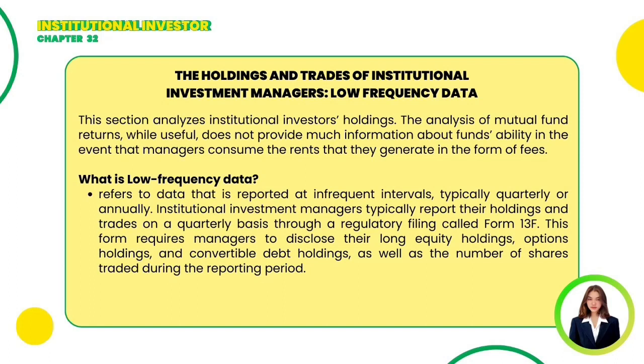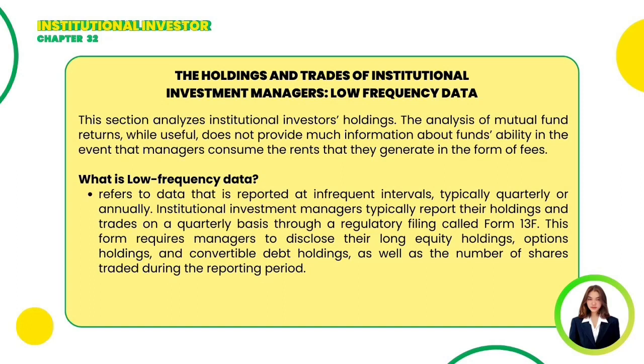The data can be used to track the investment strategies of institutional investment managers and identify trends in the market. However, it is important to note that Form 13F only requires disclosure of long equity holdings, which means that short positions are not reported. Additionally, the reporting threshold for Form 13F is $100 million in assets under management, so smaller managers may not be required to disclose their holdings.